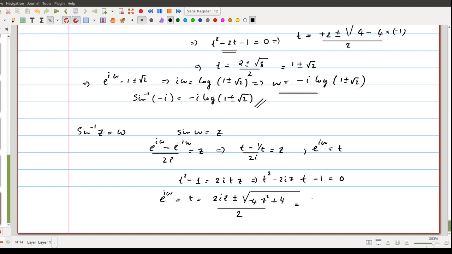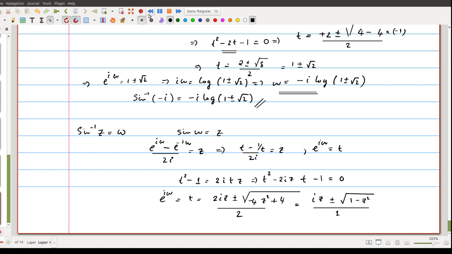By cancelling out 2, we get iz plus or minus square root of 1 minus z square.